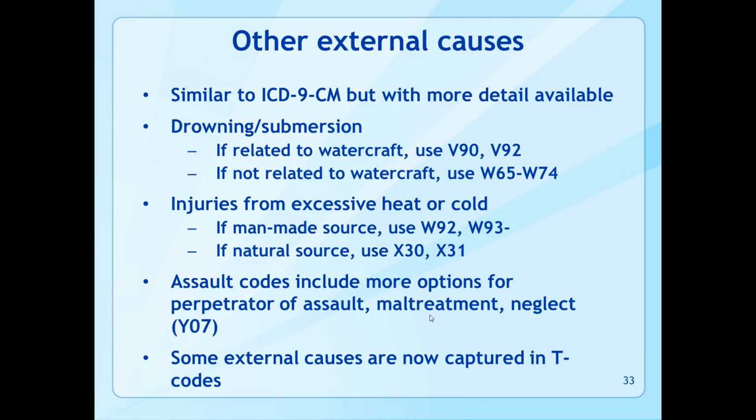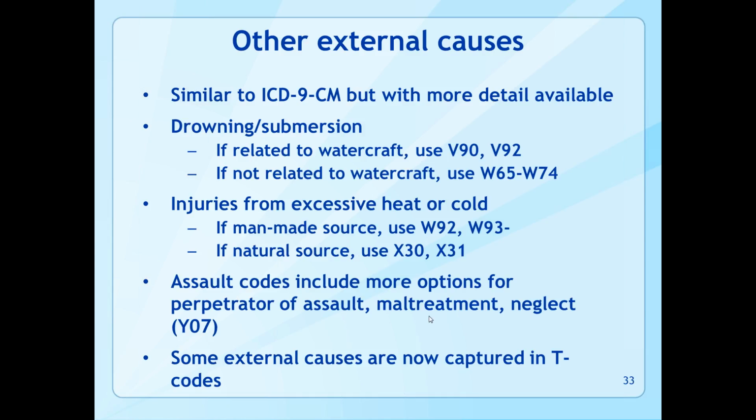So in the interest of time, I'm not going to be talking about each of these other external cause categories, but I do want to highlight just a few things to keep in mind that are relevant to some of these topic areas. So the first thing I want to mention is drowning and submersion. And we've talked about that a little bit previously with regard to watercraft. But of course, there can be drowning and submersion that isn't related to watercraft.